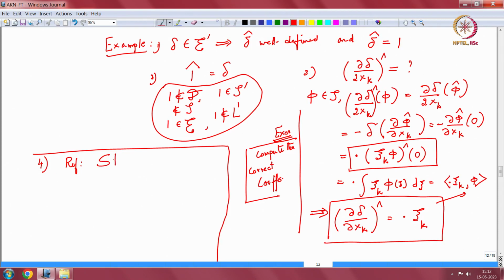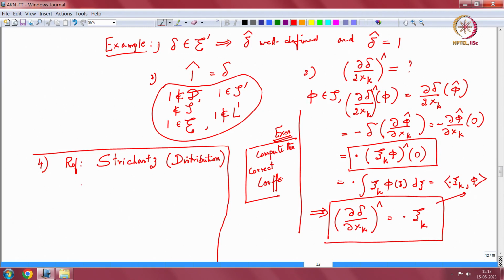You can look at this very nice book on distributions by Strichartz. It motivates you nicely, but it is written mainly from the view of a harmonic analyst. So, everything is written from a Fourier analysis point of view.